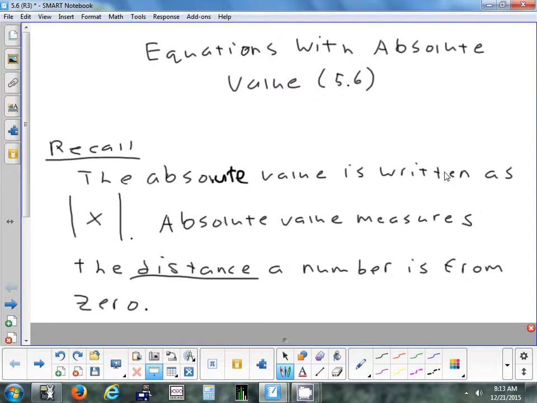They're always positive. So would we ever have an absolute value come out negative? No. We could get 0, which is not positive and not negative, but absolute value never comes out negative.